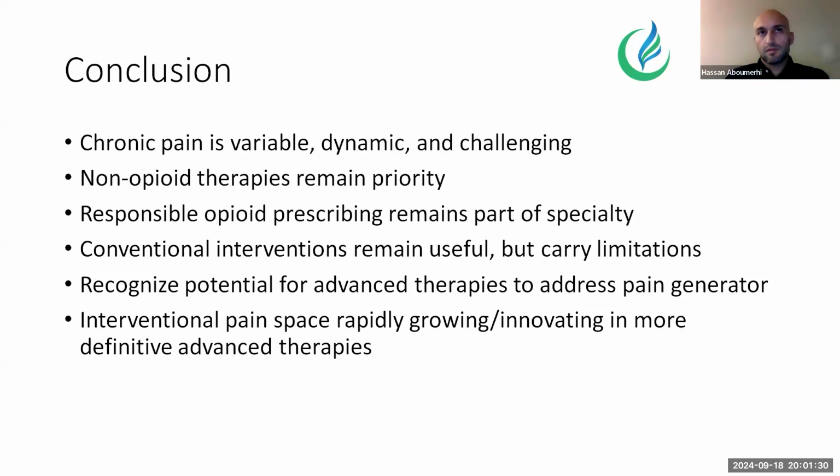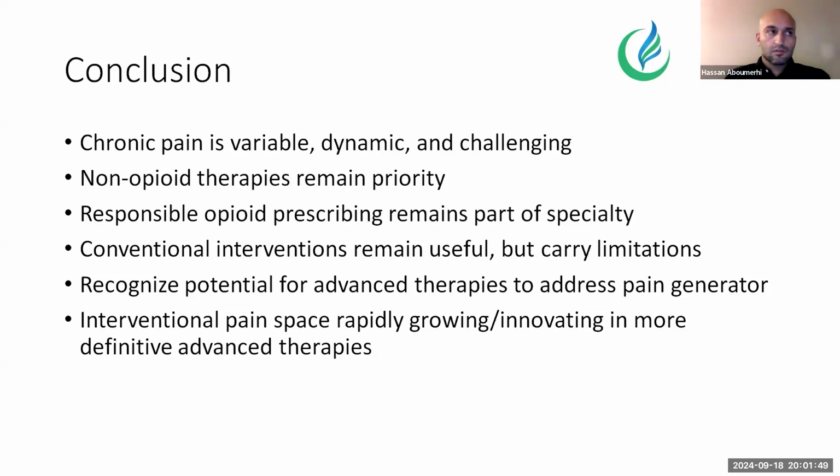I think as pain physicians, we remain stewards of responsible opioid prescribing, and we remain resources in helping with that when it comes to chronic pain. Conventional interventions also remain useful, but they have their limitations.